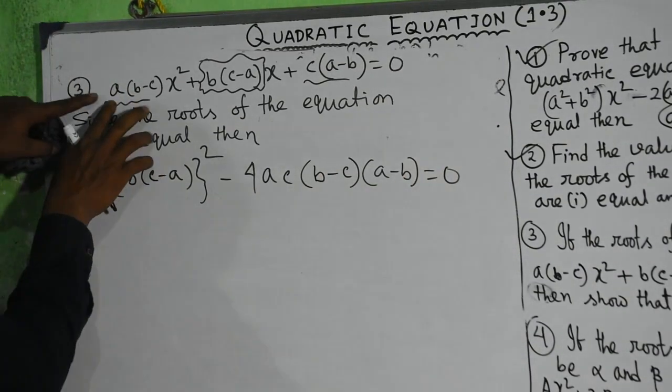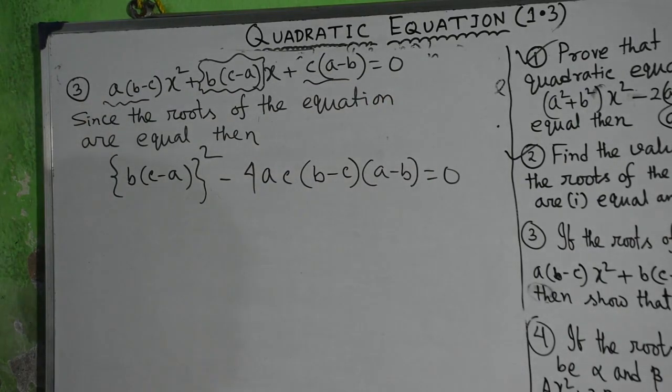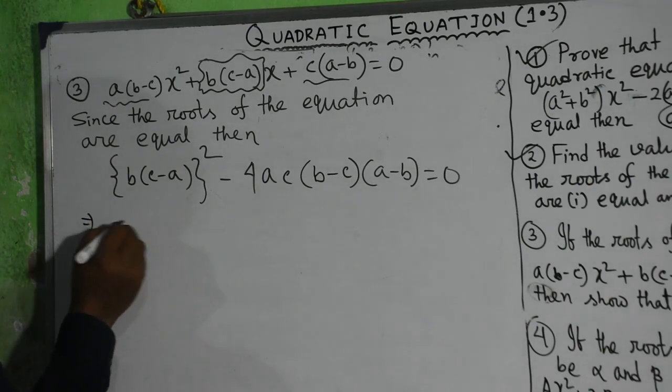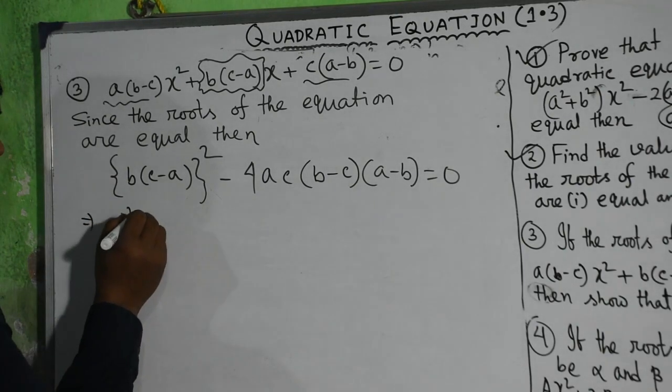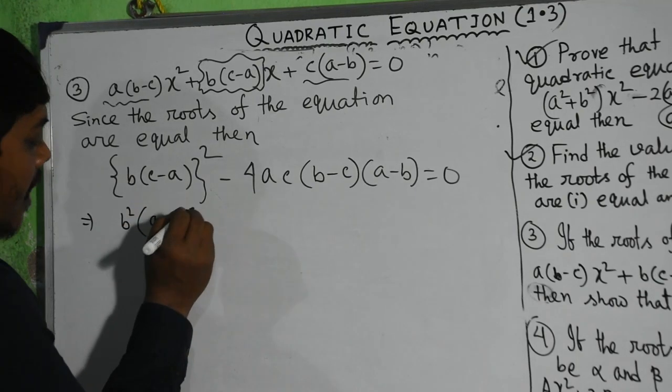I have written a into b minus c into c into a minus b, so ac into b minus c into a minus b. So here this equals to b square into a plus c whole square minus 4ac.